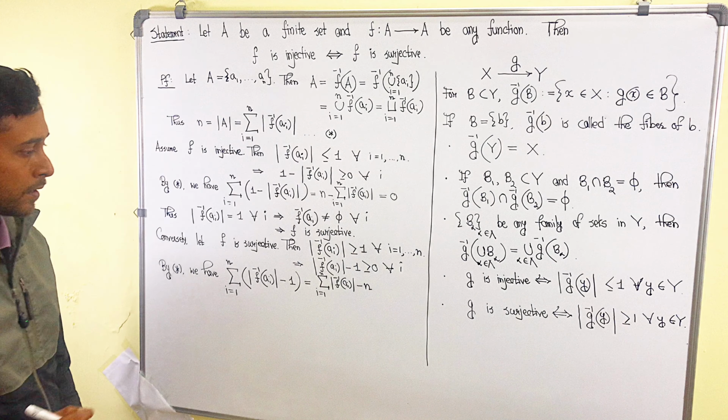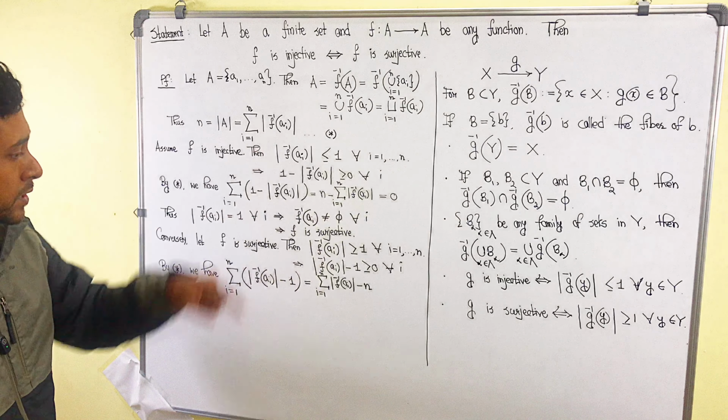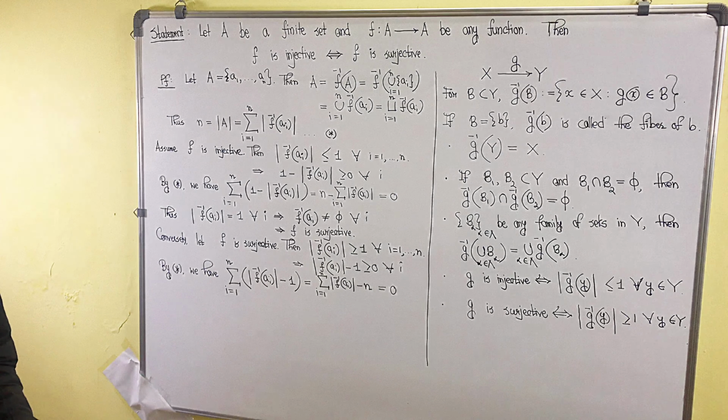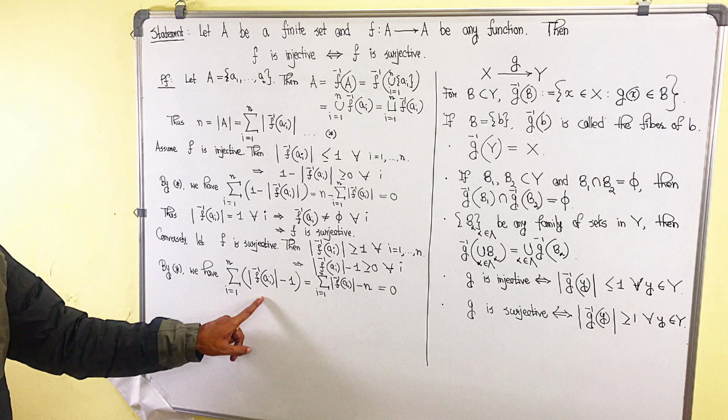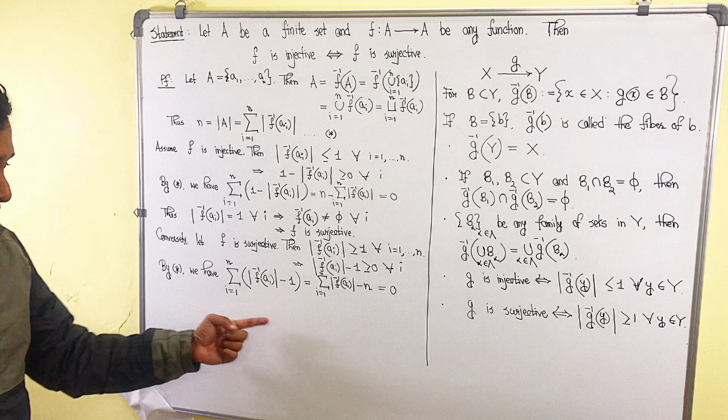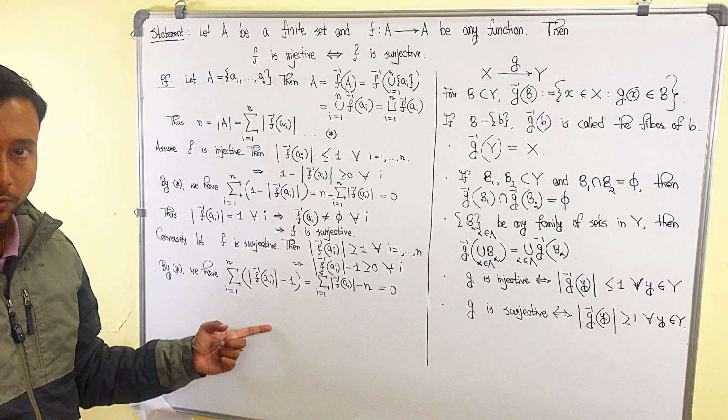So by star these two are equal and therefore this difference is 0. Now again a similar argument: since each one of the summands is greater than or equal to 0, non-negative, and the sum of finitely many non-negative terms is 0, each one of them has to be 0.